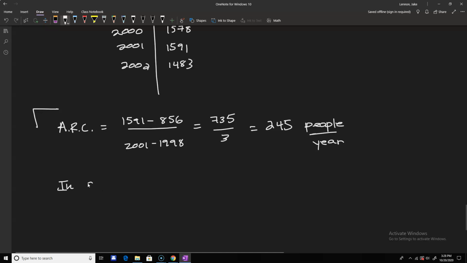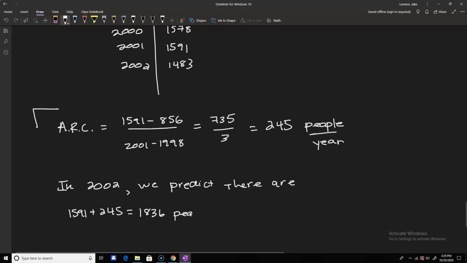So in 2002, we predict there are 1591 plus 245, which is equal to 1836 people in the coastal town.